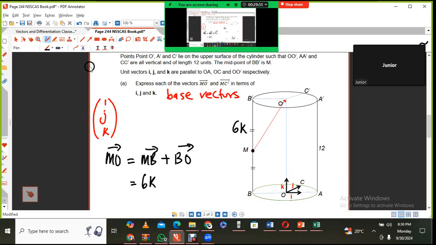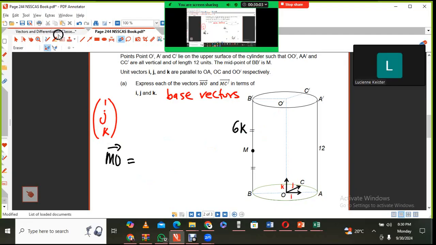MO, sorry, I'm doing the second one. Let me start over here and remove this line. So M to O is this distance. Can you see that?